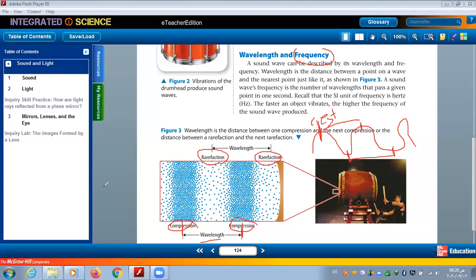Unmute yourself, Abdullah. Yes, Abdullah. What is the meaning of frequency? You can find it in this paragraph.